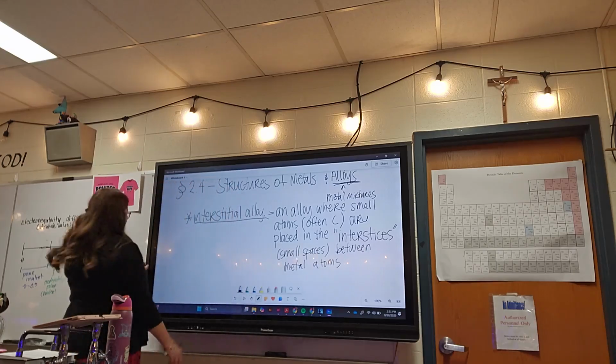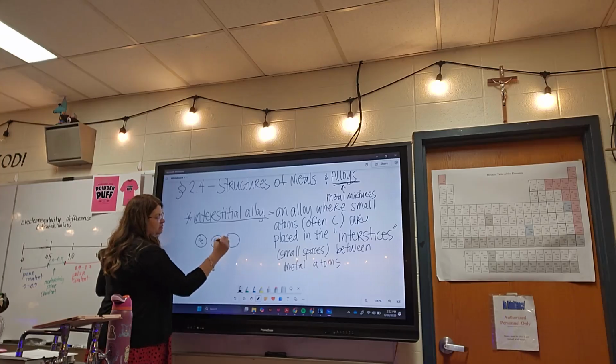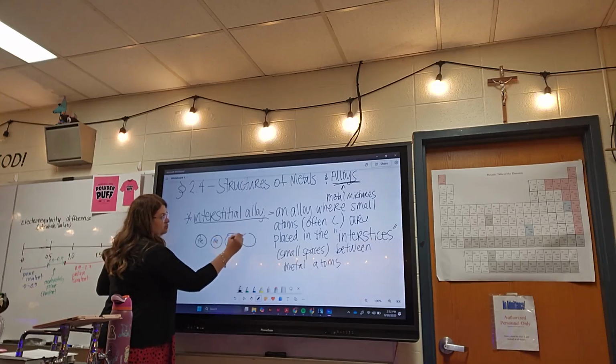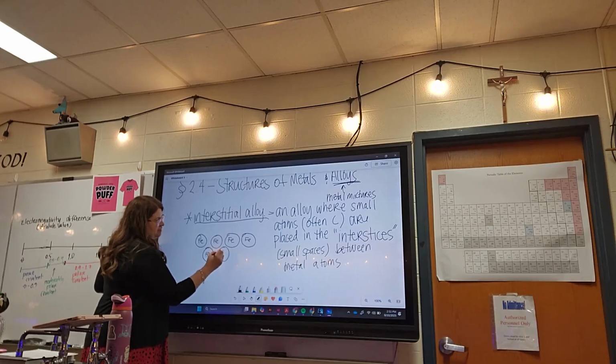I'll draw you a picture. Imagine that we have carbon steel. Iron is the main element that is an actual metal, and it's in an array, something that looks like this perhaps.